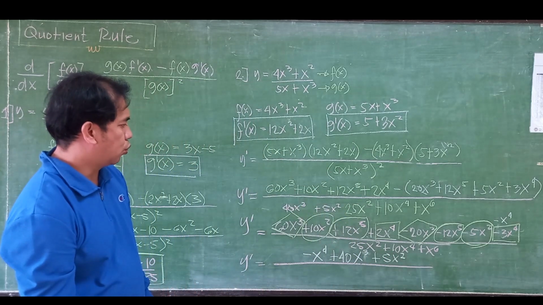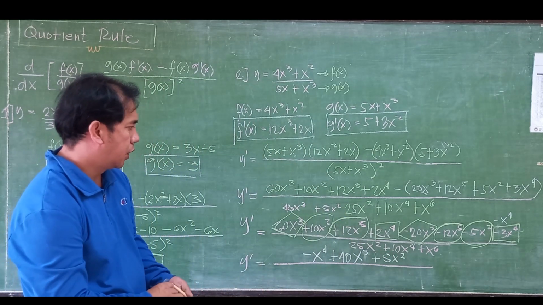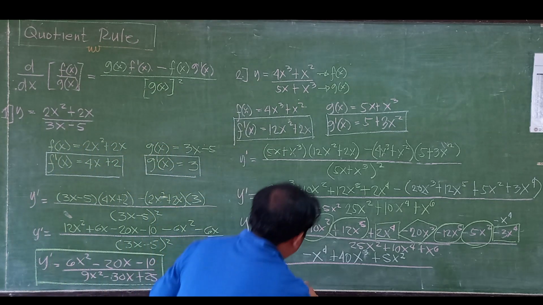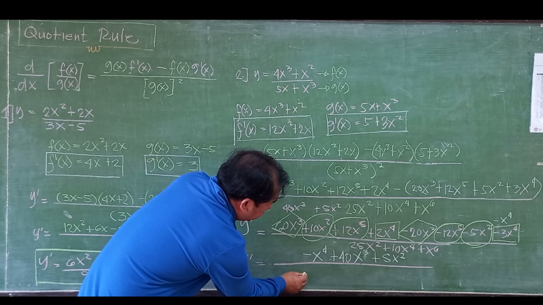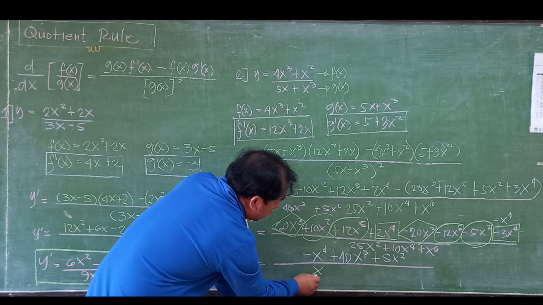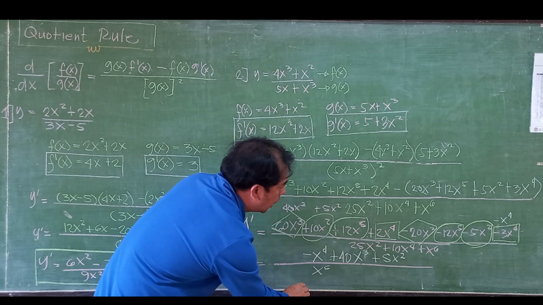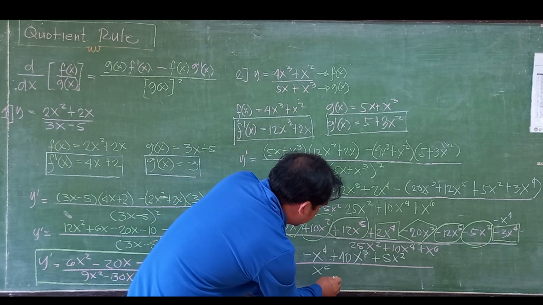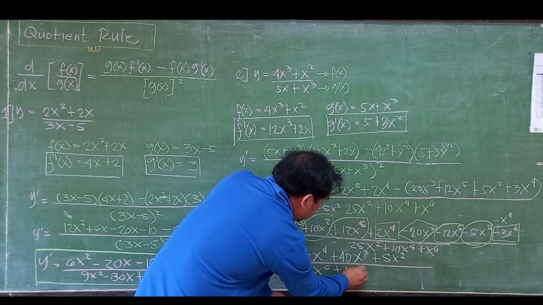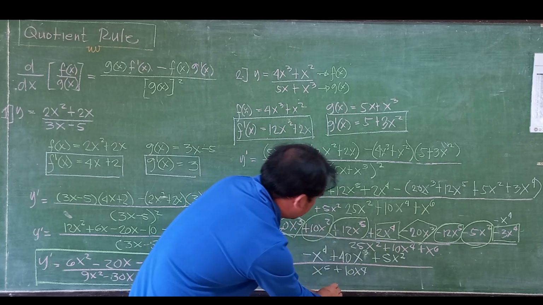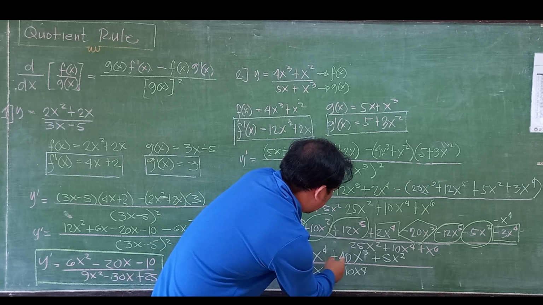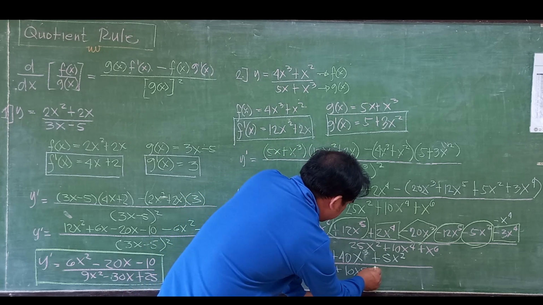And over that is the same as, let's arrange x raised to 6, and of course plus 10x raised to 4, and plus 5x raised to 2.